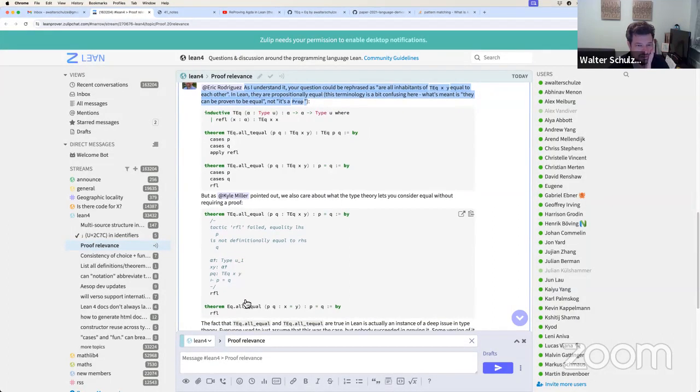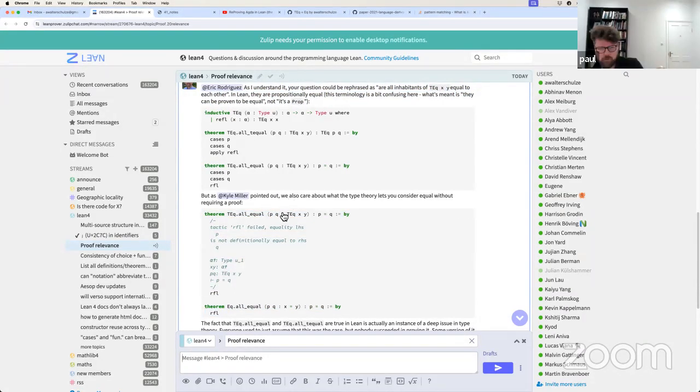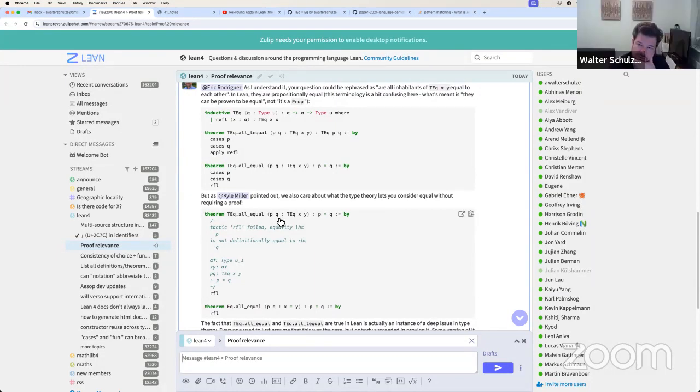Oh, this is okay, but the proof here is interesting. Should consider equal without requiring a proof. So P and Q are two terms, each saying X equals Y in the proof relevant universe.